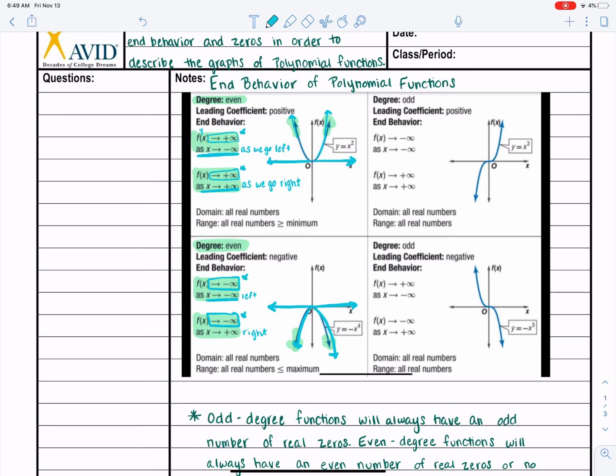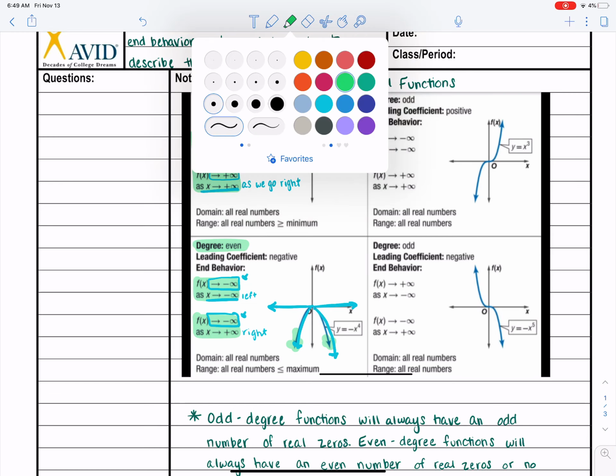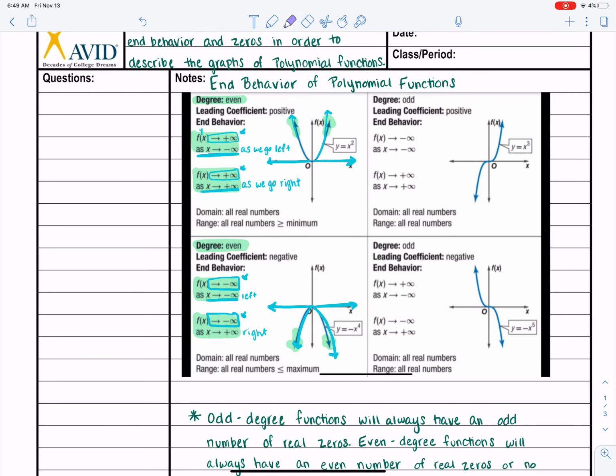An odd degree. If your degree is odd, that means your end behavior is opposite. So if you look here, as x approaches negative infinity, that means as I look to the left of my graph, I notice my y values are going down.